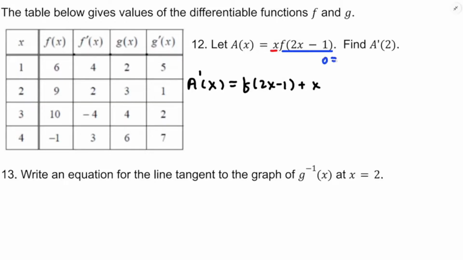So on the outside, I've got f, on the inside, it's 2x minus 1. Inside prime would be 2, and I go over here and I say, all right, x, and I'm multiplying by the derivative of blue, so that's outside prime times inside prime, so f prime of 2x minus 1 times 2 for the chain rule.